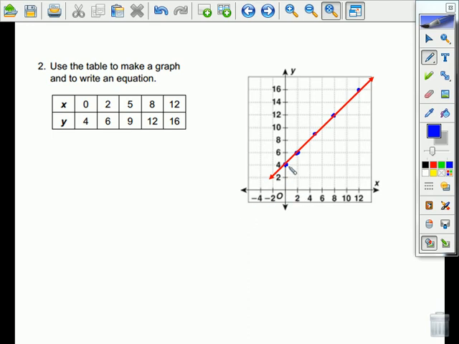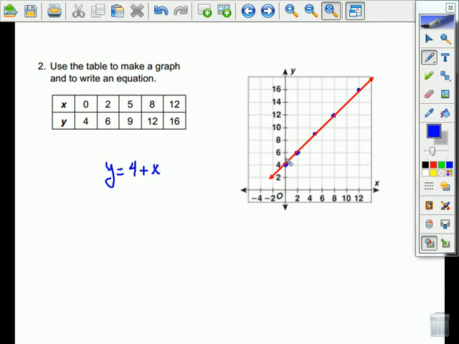It appears that we're starting at 4, so we can say y equals 4 plus x, because we're adding the x value.